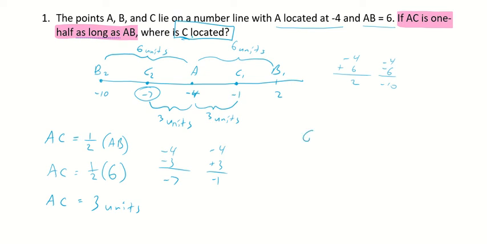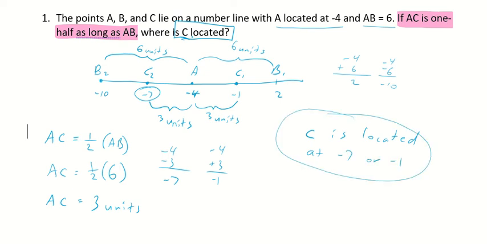So we know that C is located at -7 or -1.